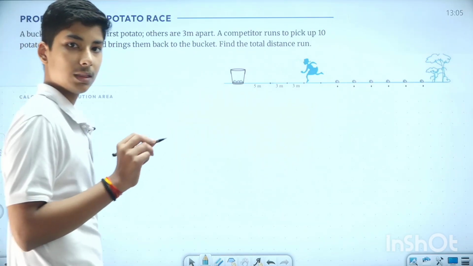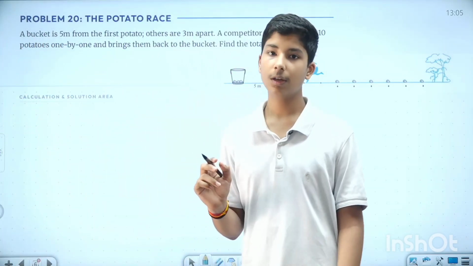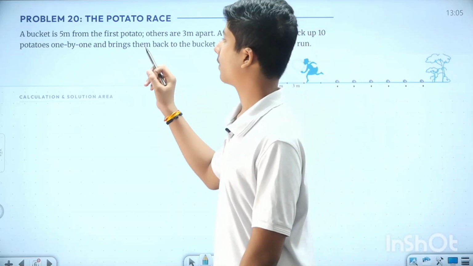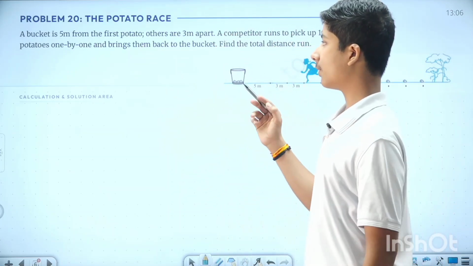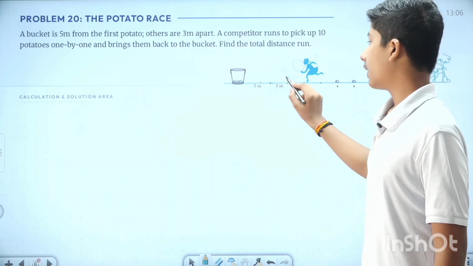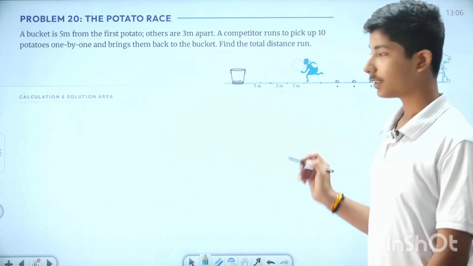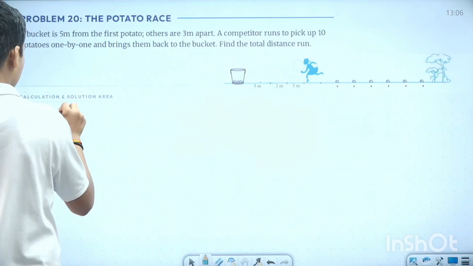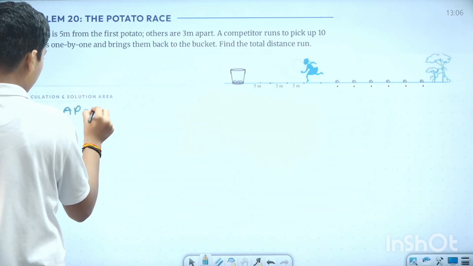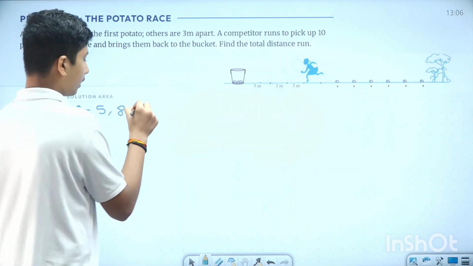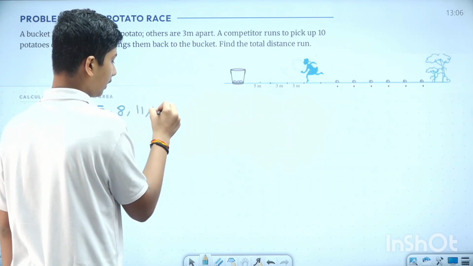Now, this is our last question of the video. Let's solve it. Here a bucket is 5 meters from the first potato. So you can see 5, then a 3 meter distance, 3 meters apart means an AP: 5, then 8, then 11, then 14.